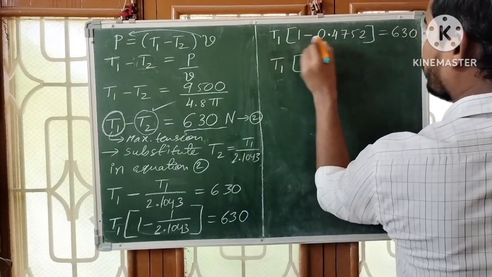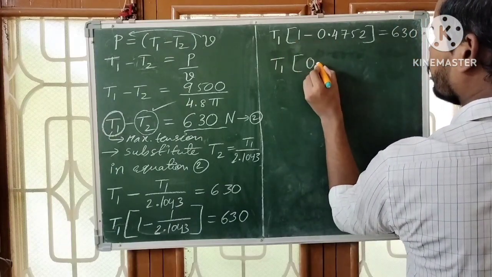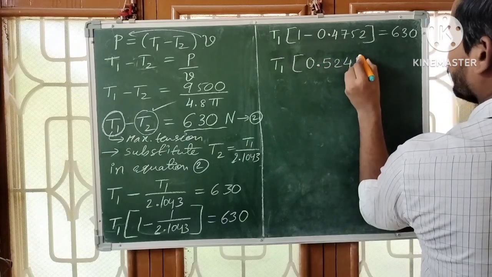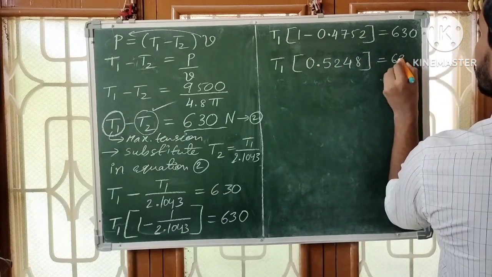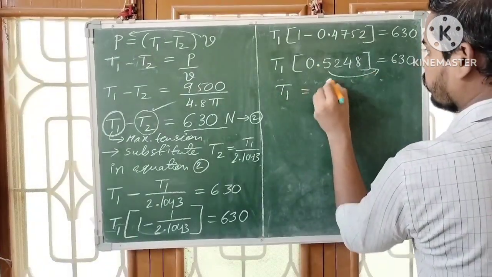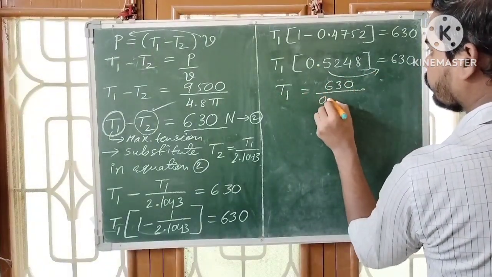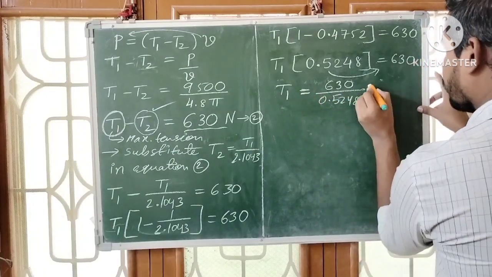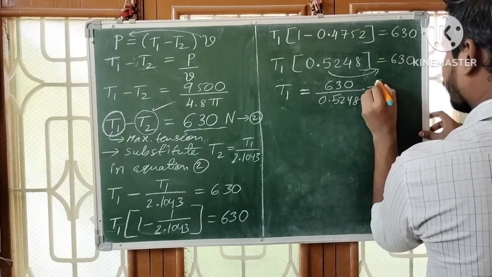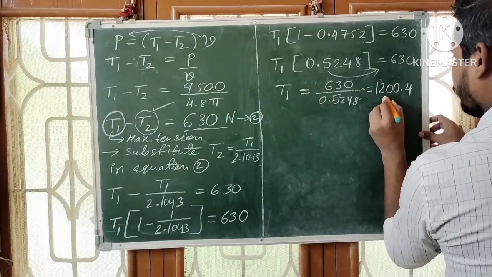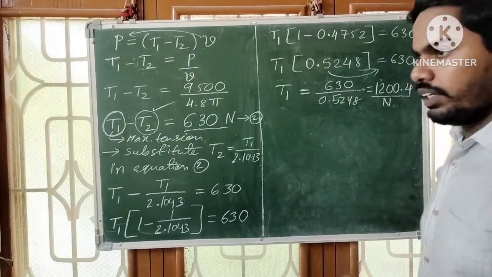This value, 1 by 2.1043, is 0.4752. So T1 into 1 minus 0.4752, that is 0.5248, is equal to 630. Now T1 is equal to 630 by 0.5248. If you calculate, you will get maximum tension as approximately 1200.4 newtons.